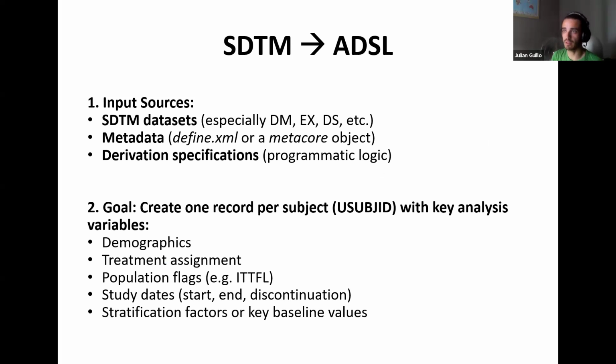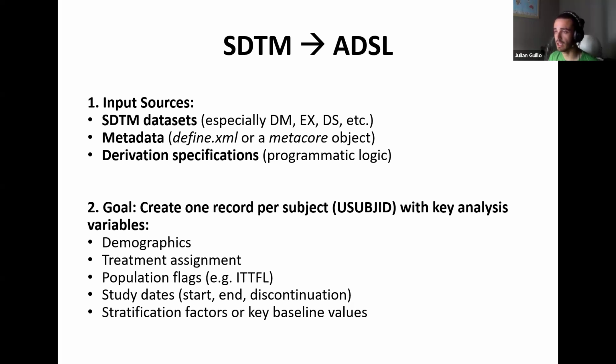Okay, so when deriving from SDTM to ADSL, the main input sources are the SDTM datasets. Then also some metadata. This, I have to say, is something that is not super clear to me because I don't know much about what the metadata looks like in pharma.